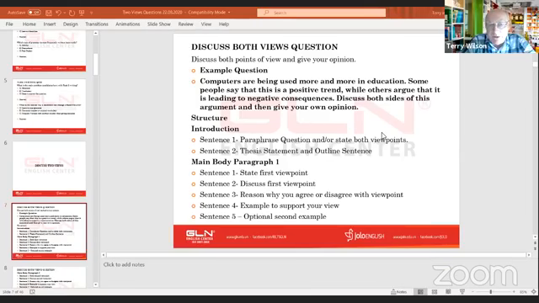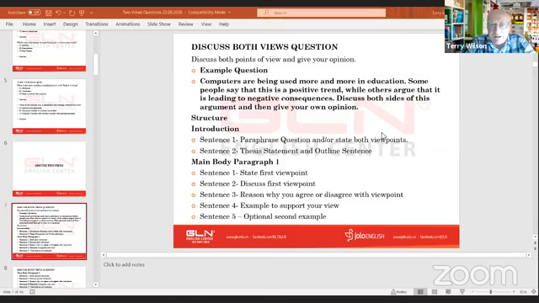Discuss the viewpoint. Give a reason why you agree or disagree with the viewpoint. Give an example to support your view. And if you wish and you have the time, give a second example.